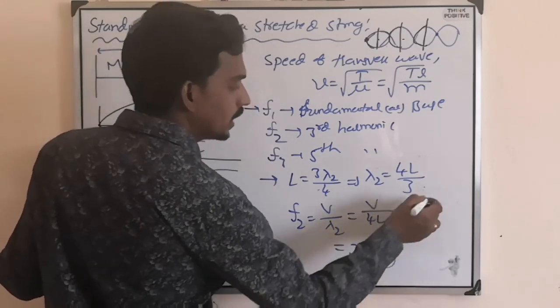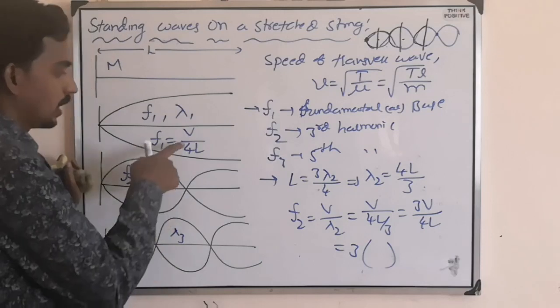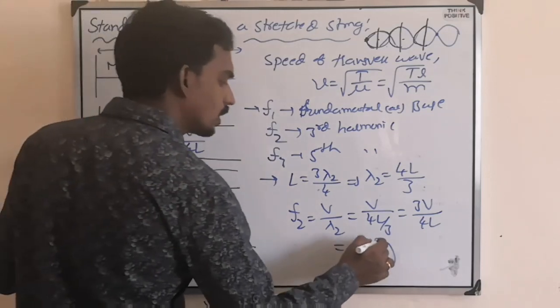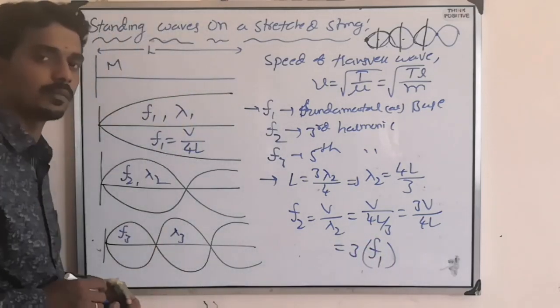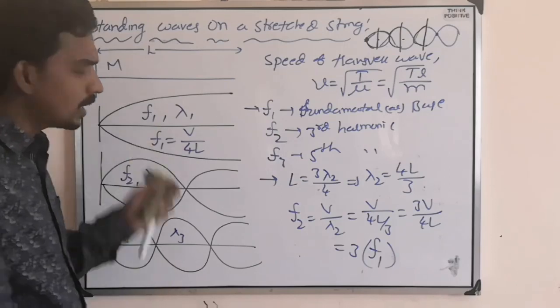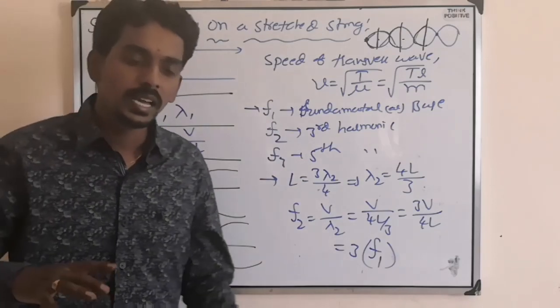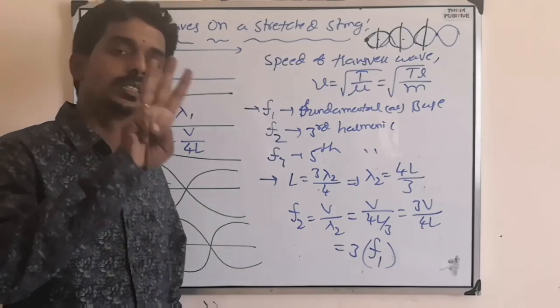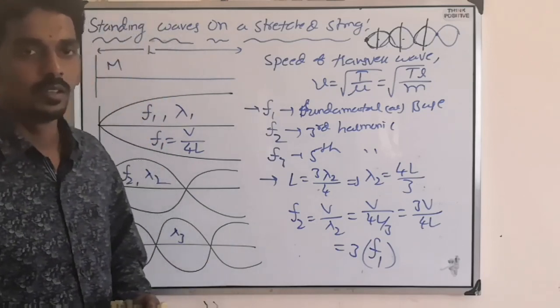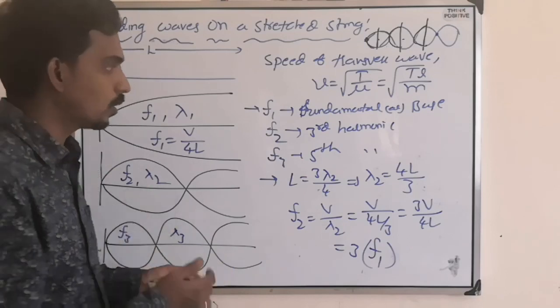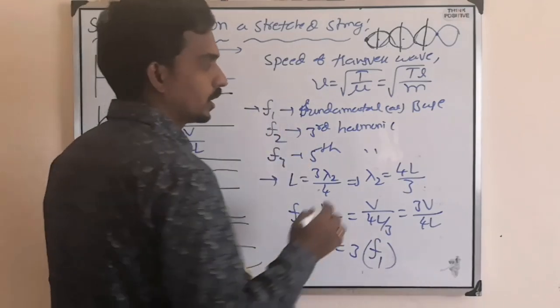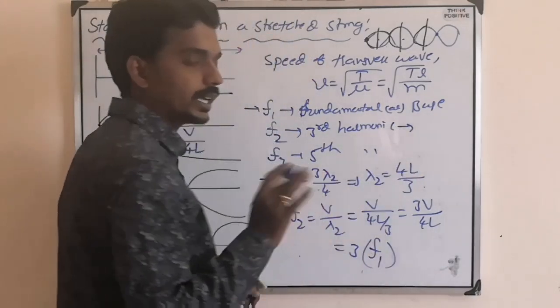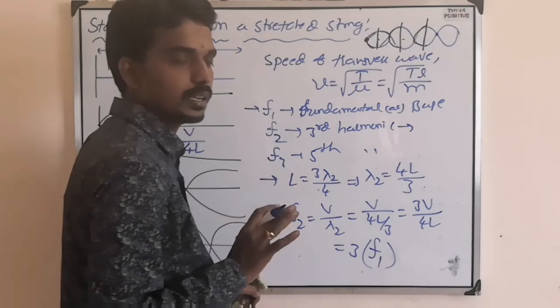Nothing but 3 into V by 4L. 3 into V by 4L means what? 3 times fundamental frequency. So after fundamental frequency, next possibility is not second harmonic, third harmonic. So direct overtone going to what? Third harmonic. So here second harmonic is not possible.